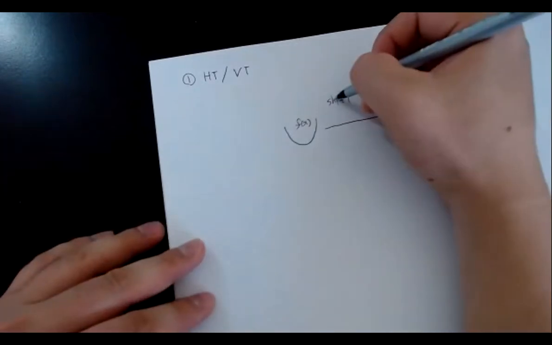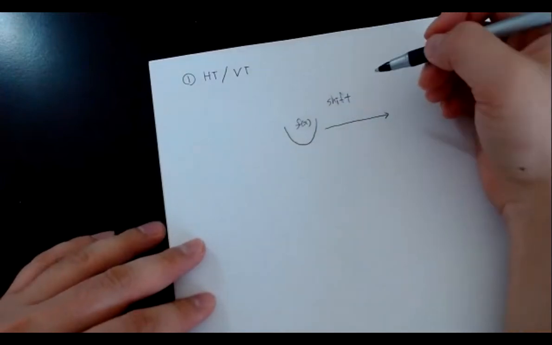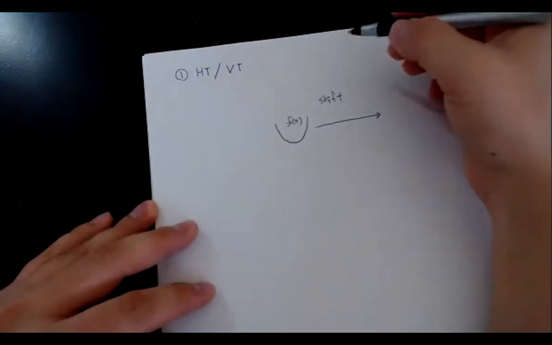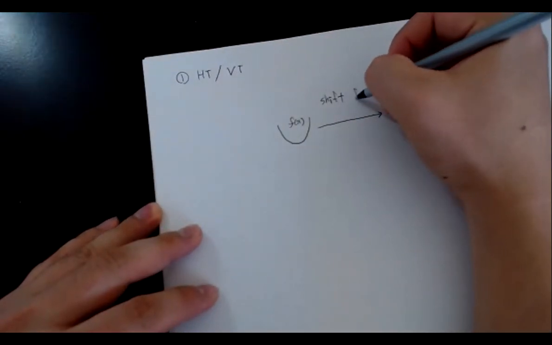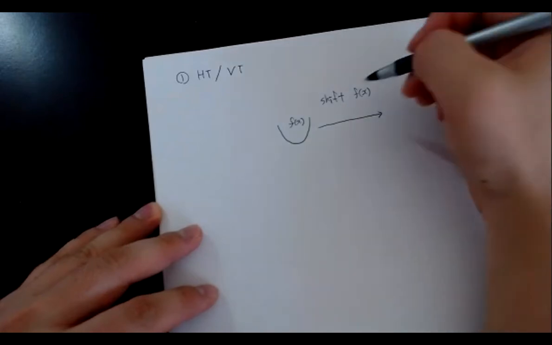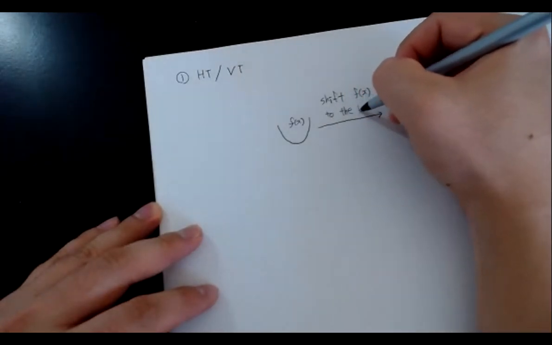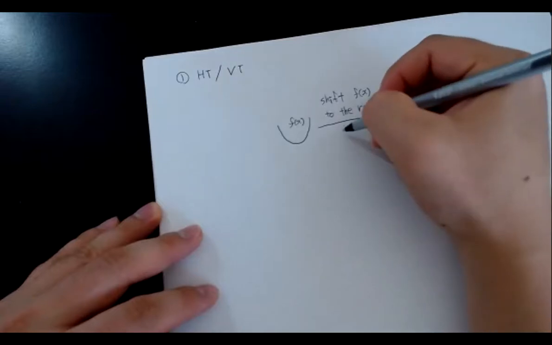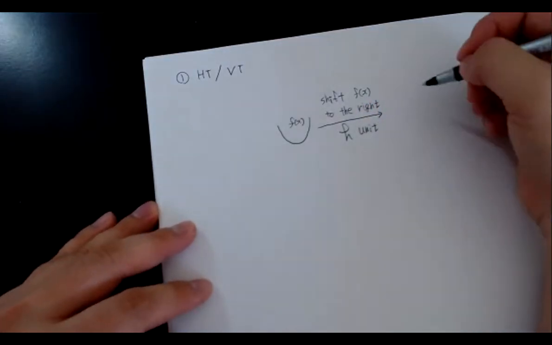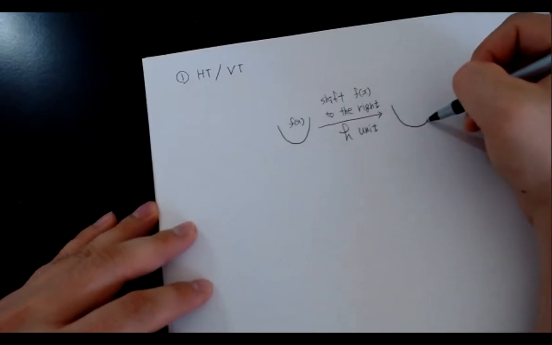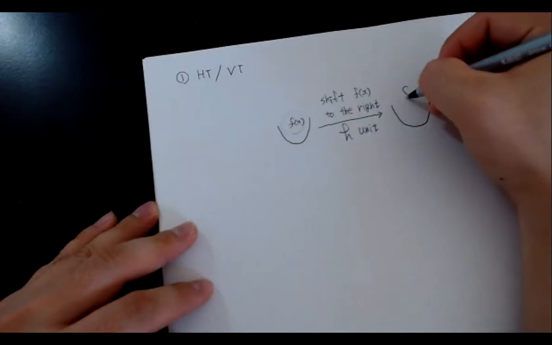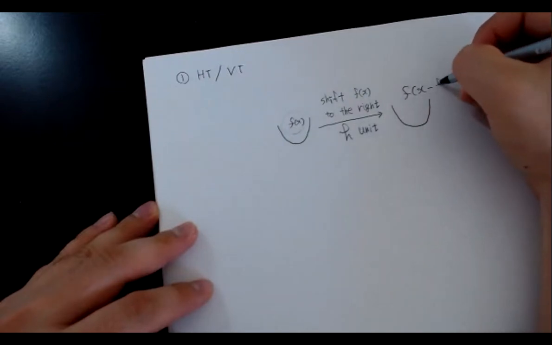If you want to shift the graph of f of x to the right h units, then f of x will be changed to f of x minus h.